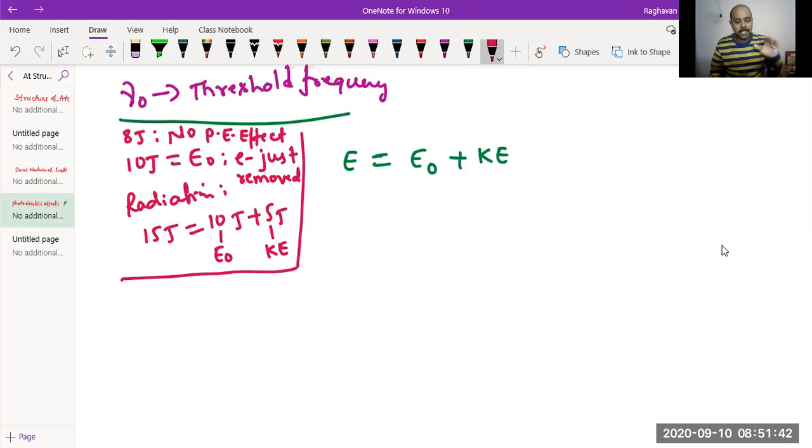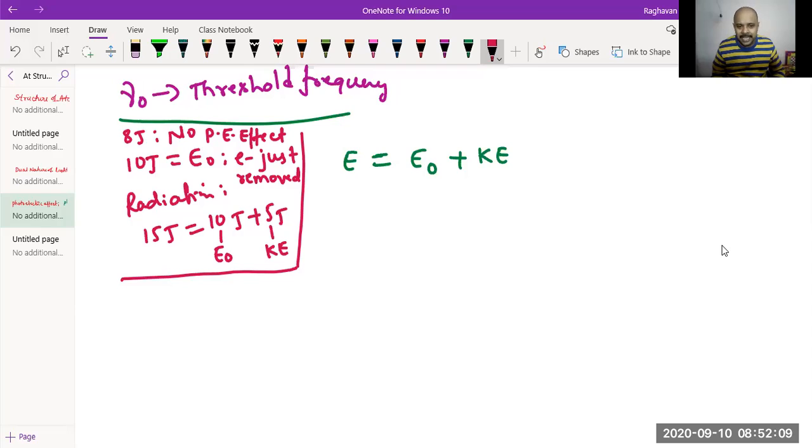What happens? If the energy of the radiation incident on the metal surface is greater than threshold energy, then however much excess energy is there will be imparted to the electron as kinetic energy, with which the electron starts moving. The electron is not only removed from the metal surface, it also starts moving away from the metal surface.